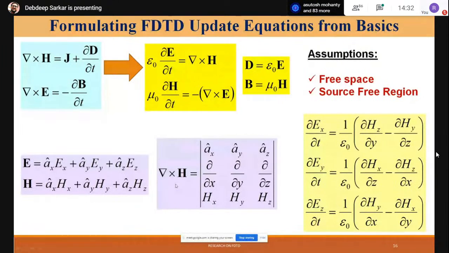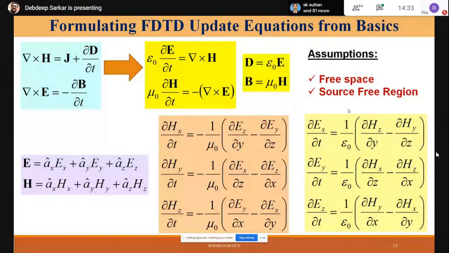You don't have to do anything because I have already decomposed it, and you can use the curl formula to get these three equations. You take the X component, and you have ∂Ex/∂t, with 1 by epsilon naught coming from dividing, and then you take this part and this part, subtract, and get the first component. Similarly, you get these three equations. These are needed when we are dealing with the three-dimensional case, and similarly you can do it for the magnetic field also. So I will not bother you with the details.